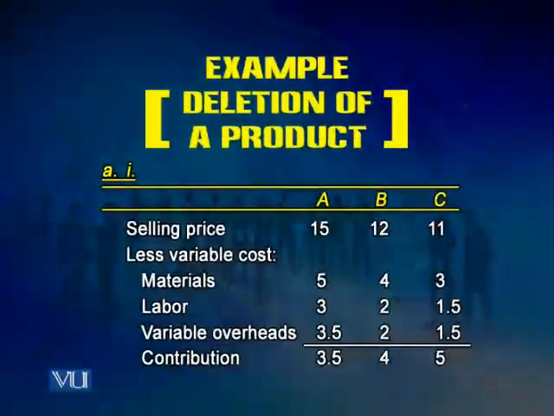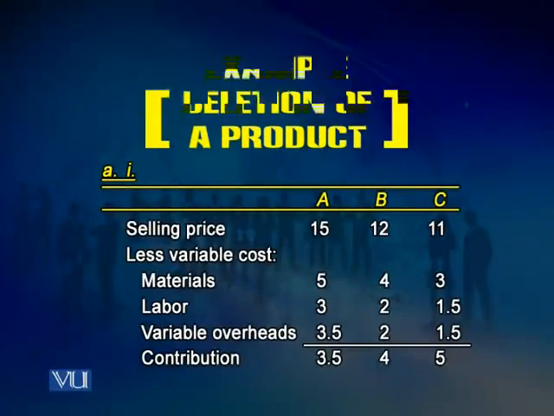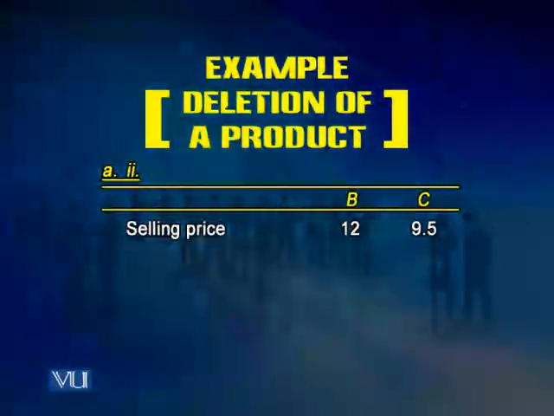And after making the adjustments and looking at, again, just the relevant costs, we find that product A, in fact, has a positive contribution, and that contribution is 3.5 per unit. So looking at the per unit statement and looking at all the three products, we have a positive contribution from all the three products.